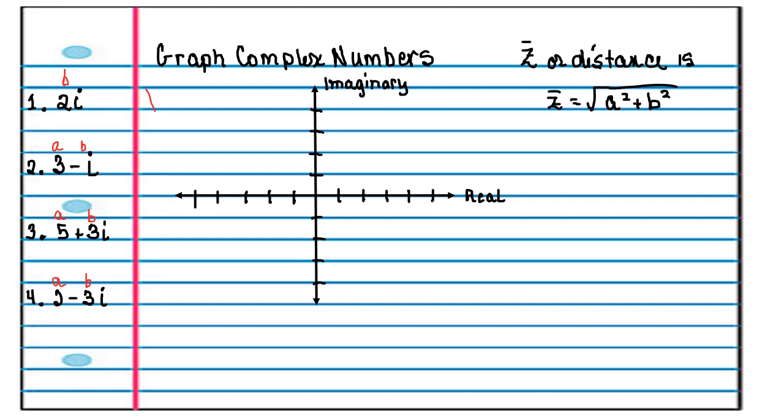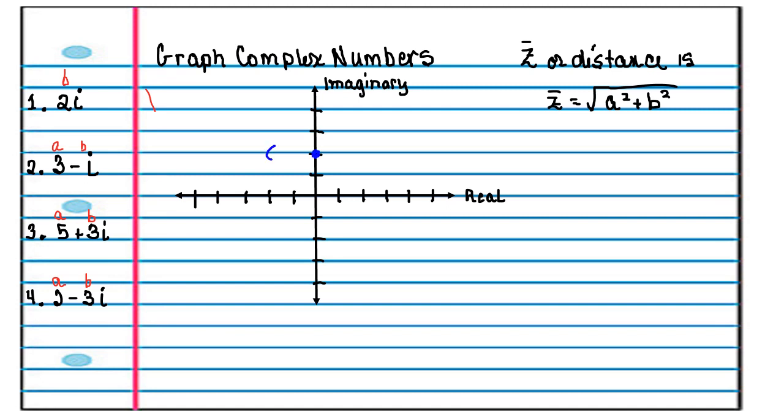That's what we're going to end up graphing. So if we have 2i and there's no a, that means it's a pure imaginary number, so there isn't anything real. So we start at 0 for our x-axis here and walk up 2.